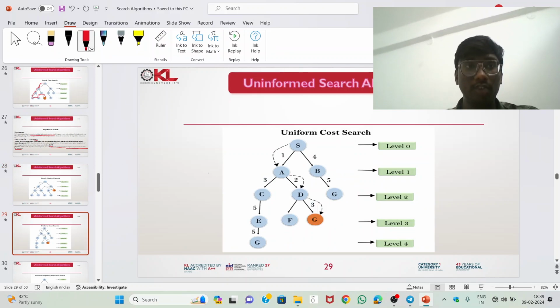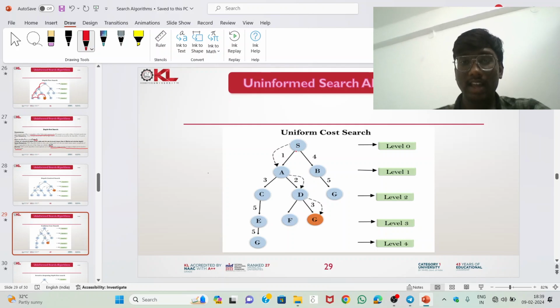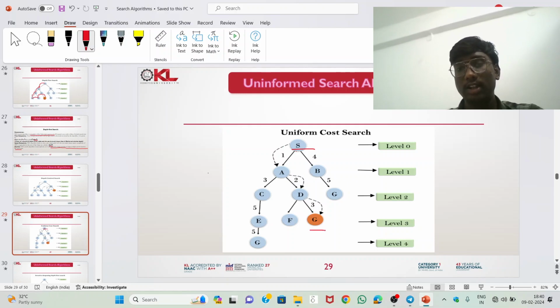Let us discuss uniform cost search directly with an example. In uniform cost search, we start from the root node and go to the goal node along the path which has the least cost.